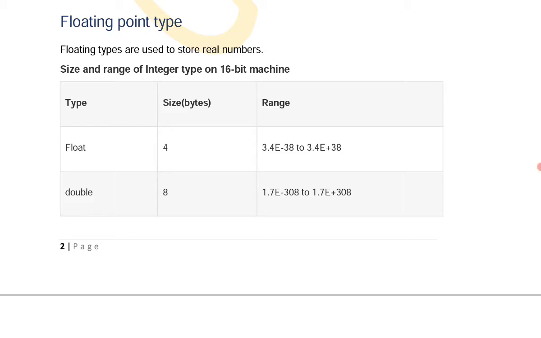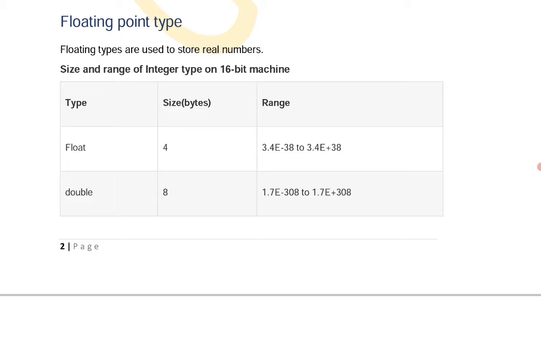There are two types of floating point numbers: first one is float, second one is double. Generally, float data type occupies 4 bytes, and double data type occupies 8 bytes.